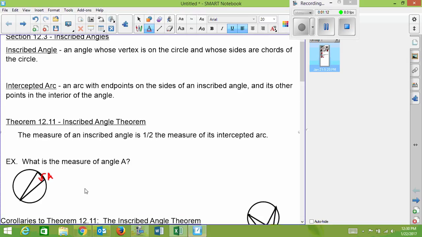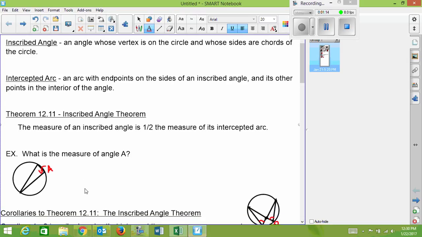So if I use this theorem to figure out angle A here, I've drawn a chord, you can hardly see it, from here to here. I'm going to use this inscribed angle, and it is an inscribed angle because there's a chord and there's a chord. The intercepted arc of this one would be this whole side over here.